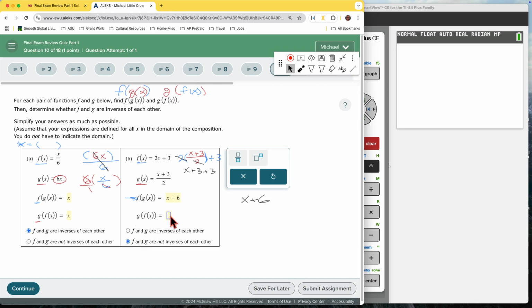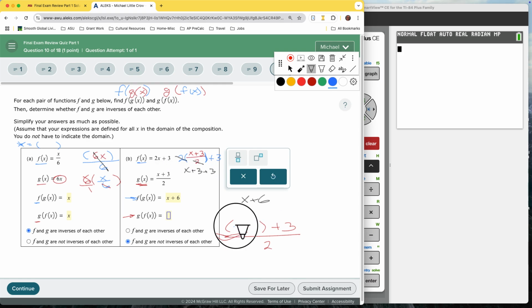Now, even if the second one ends up being x, which could be, it's not going to work. But let's go ahead and do the second one, because we have to. We start with the outside function of g, so we take g, x plus 3 over 2, and put it like this: x plus 3 all over 2. What goes inside there?